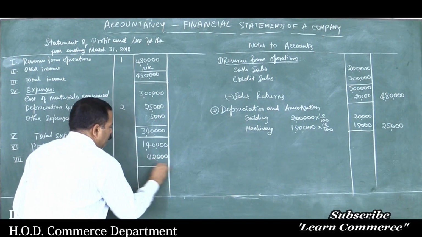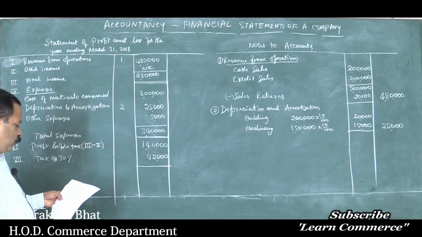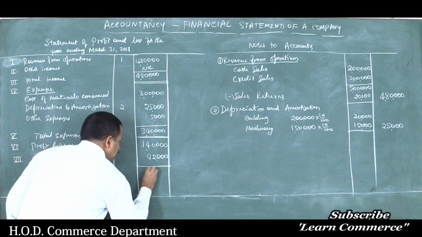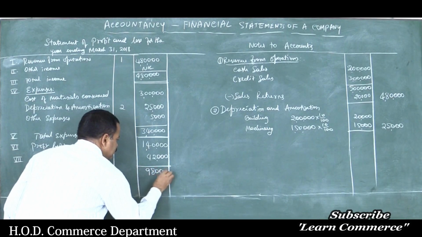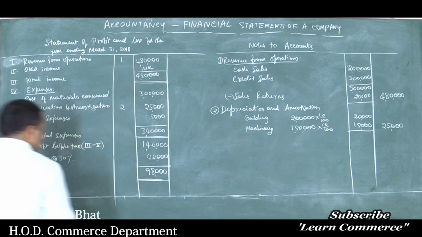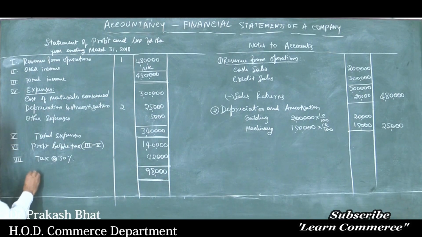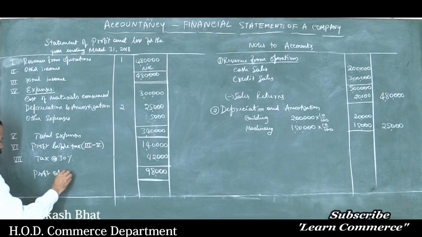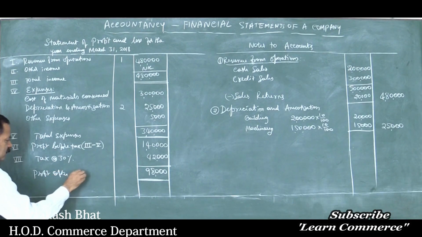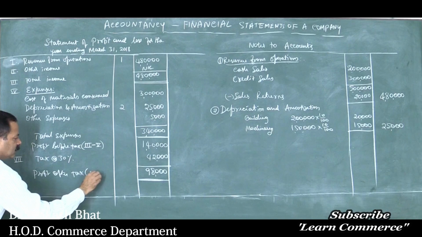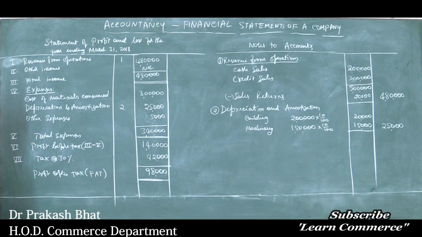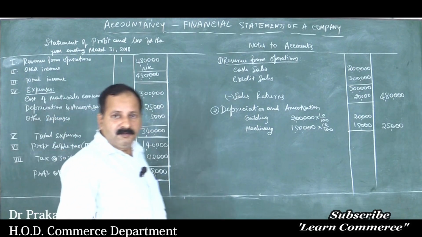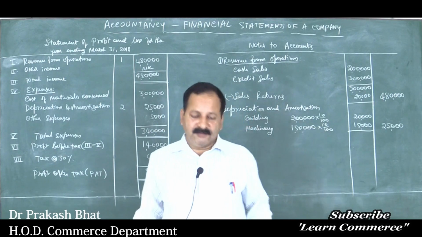So your profit after tax, PAT, will be 98,000. That's all. Your problem is solved. That is called profit after tax, or PAT. The problem is solved, isn't it?